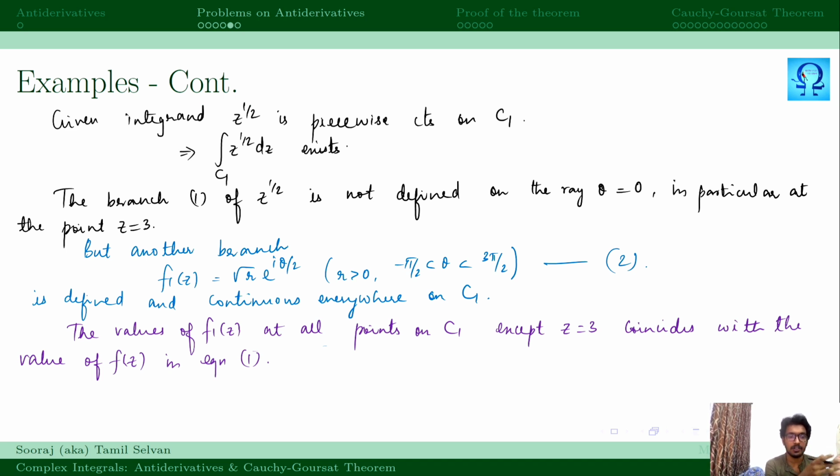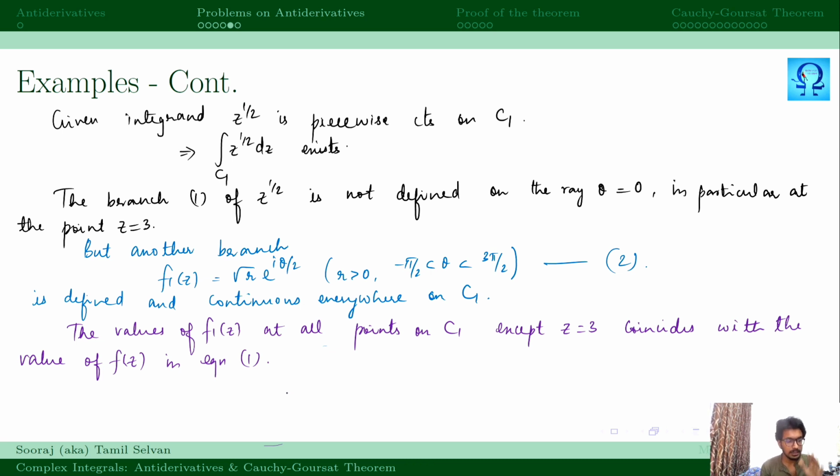The values of f of z and f1 of z are equal at all points except at z equals 3, because the former is not defined at this point, whereas the latter is defined at this point. Now only at one point it is missing.